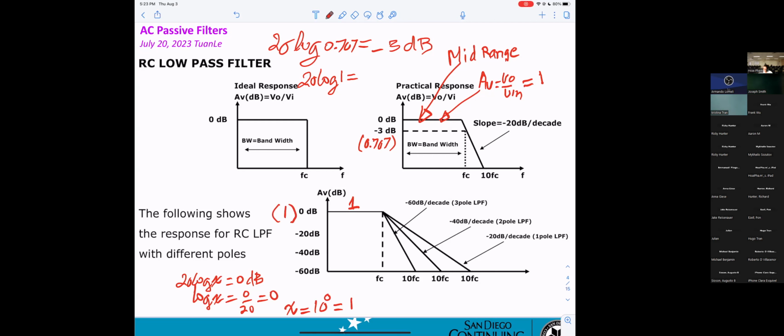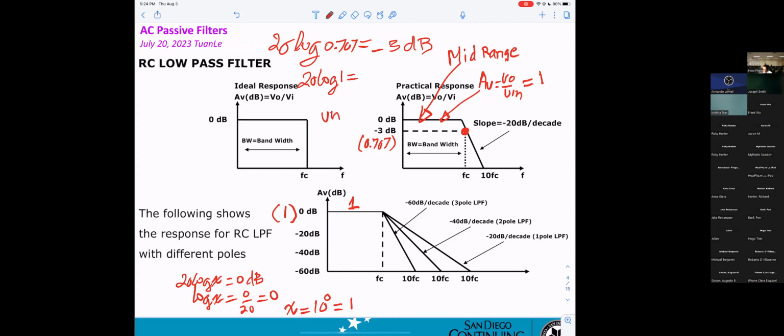And at the cutoff point here, the output goes down 3 dB. That tells you the output is 0.707 times the input. I'll give you an example.